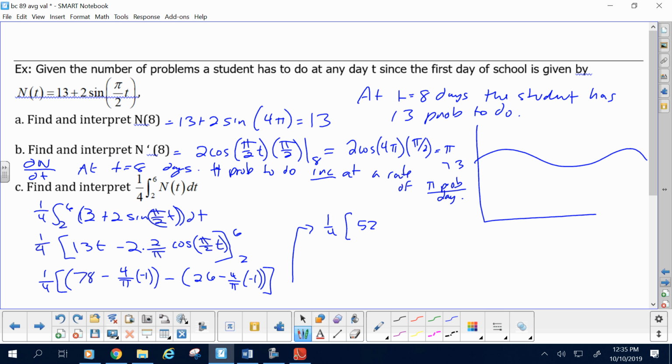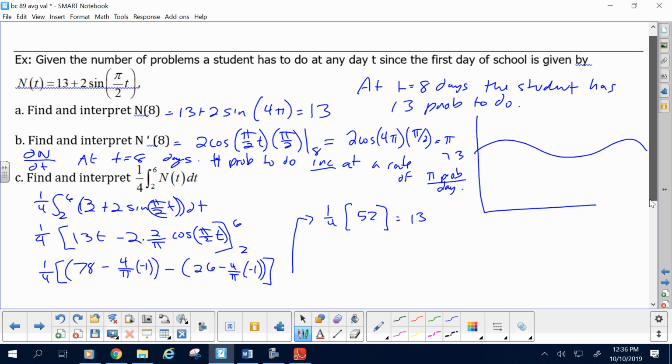Oh well. It's all good. All right, so 4, 5, minus 4, 5. So it is 13. What would that imply about 2 to 6? It's either a full period or 2 full periods, or it's got to be some perfect full cycle, so above and below is canceling, yeah? All right, so now let's interpret.